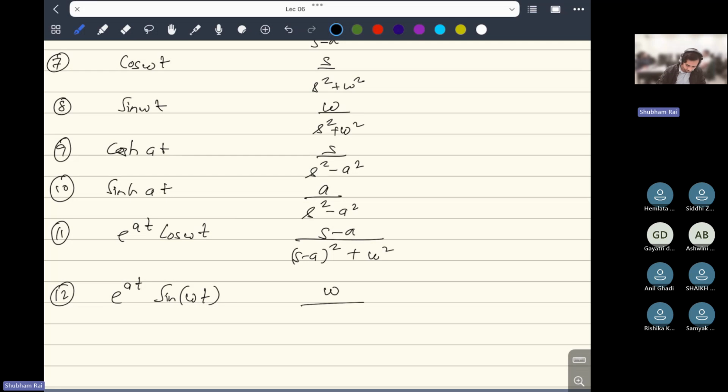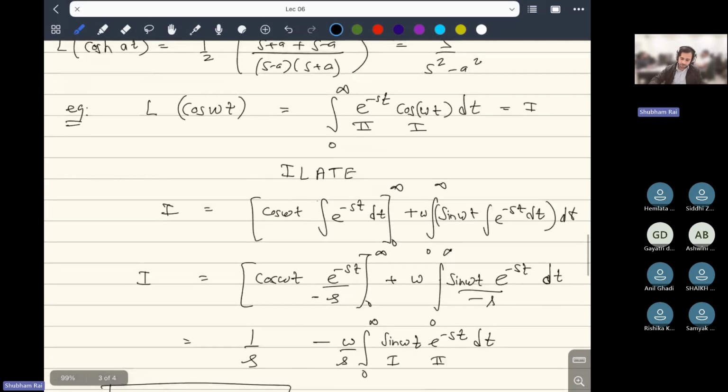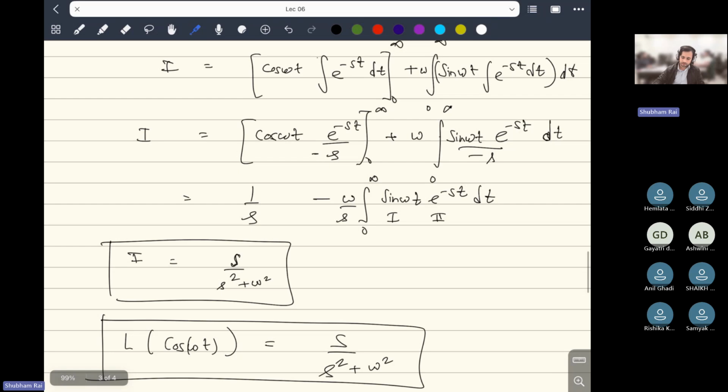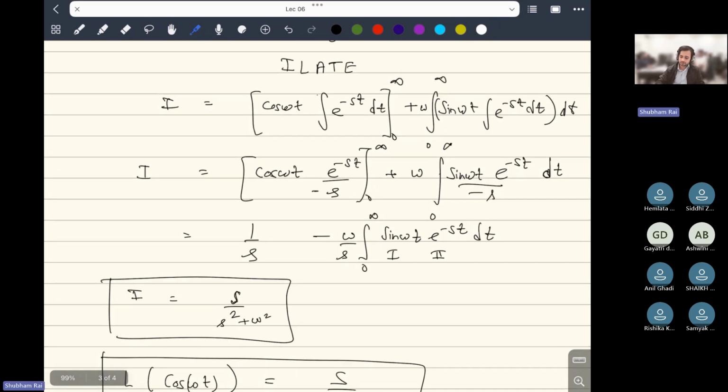So its Laplace transform will be omega over s minus a the whole square plus omega square. And for all of them, you can calculate the Laplace transform manually as well. The process that we have followed here, try to get the Laplace transform of cos omega t. Half of the steps I have done, but later on you will have to apply more steps and get to the final answer.